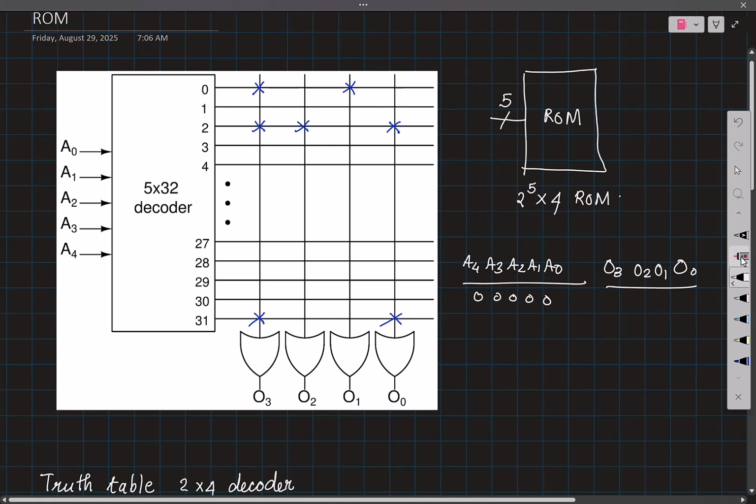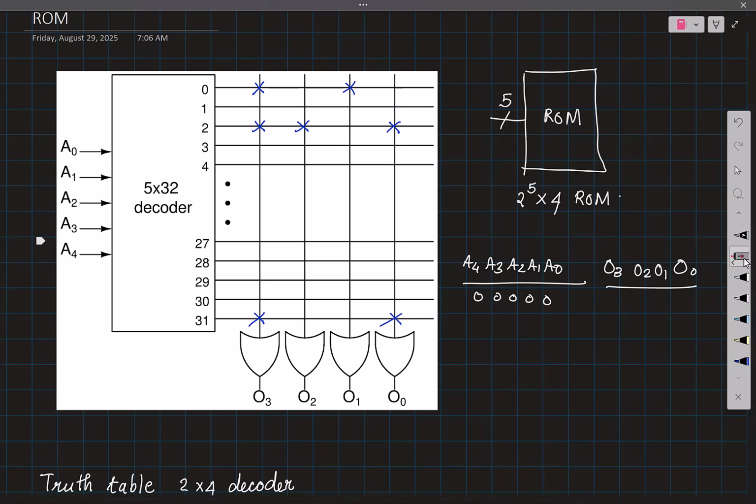When all of this is 0, the only line that is going high is this. Right? Which of these are going to become 1? All the other lines are 0. Right? When input address is 0, only this decoder output is becoming 1.